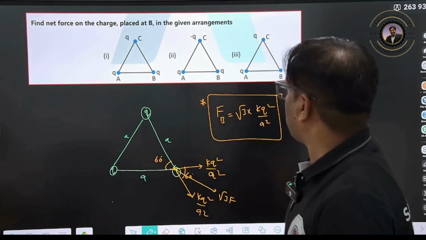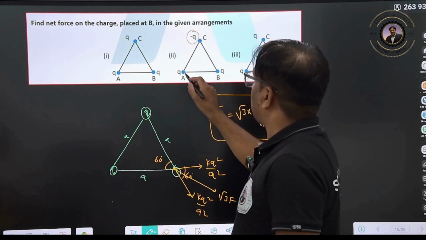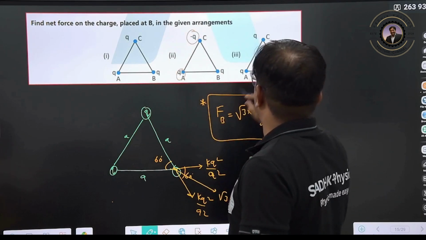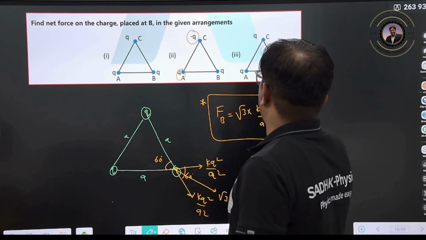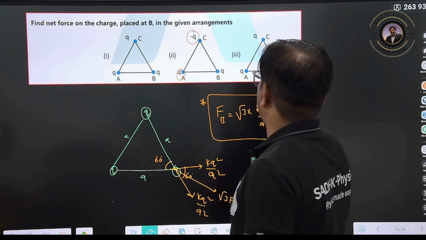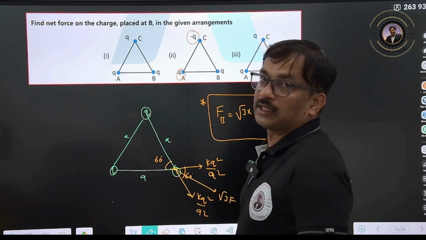But here this is a negative charge, here a positive charge, here a negative charge. So be careful on this one, because of the positive and negative, it will experience force toward this side, like this.